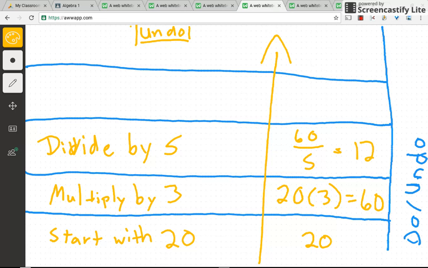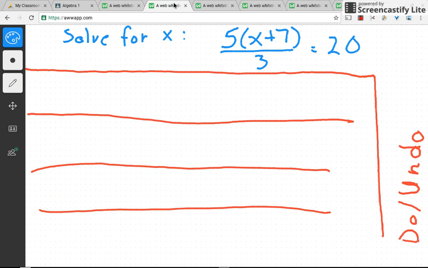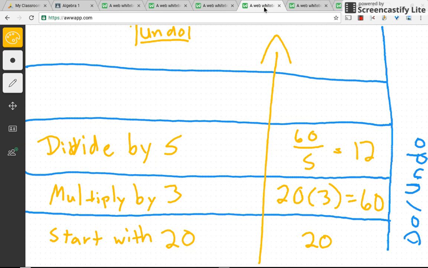Now remember, I added 7 at the first of the problem. There's the addition of 7. So in order to undo that, I have to subtract 7. So that would be 12 minus 7 is 5. And then a while ago, I started with x, so I'm going to end with x.